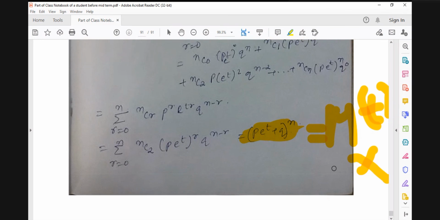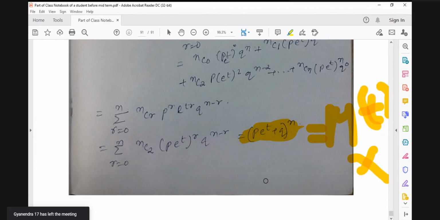Similarly, we can calculate the moment generating function for Poisson, normal distribution, exponential distribution, and gamma distribution. So this is an assignment.